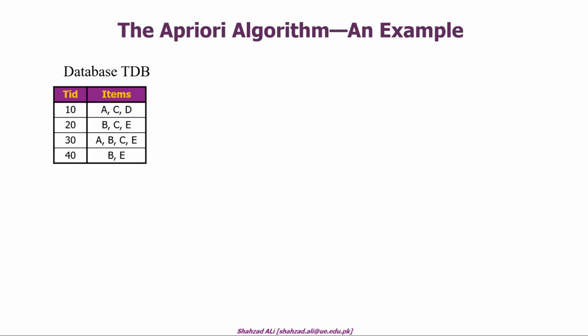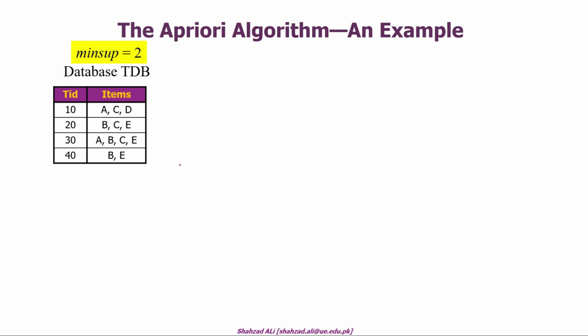And transaction 10 contains 3 items, which are A, C and D. Similarly for transactions 20, 30 and 40 we have different item sets in different transactions. And suppose we set the minimum support threshold to 2.